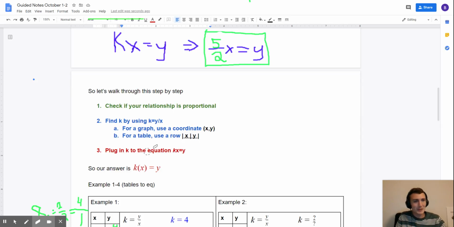It's going to be a bit different now for graphs, though. And that final step is plugging in what we found the constant of proportionality to be into our equation k times x equals y. One last time: check if it's proportional, find k, plug in k. 1, 2, 3. Let's do this.